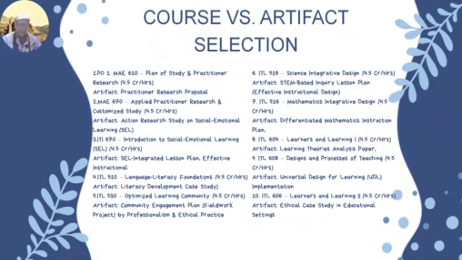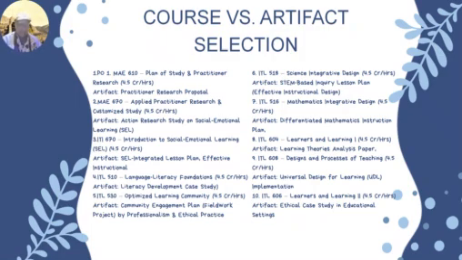The second one is MAE 670 Applied Practitioner Research, and the artifact, Action Research Study as social emotional learning. That was the artifact I emphasized.